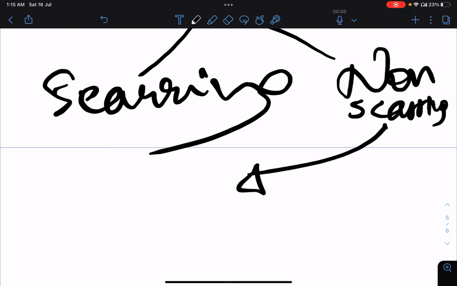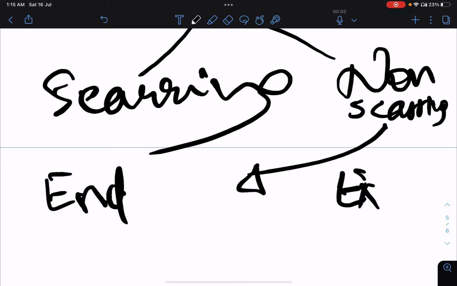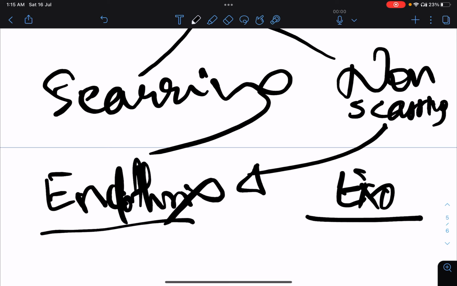So non-scarring can be of two types. One is your endothrix, one is your exothrix. So I'm going to write endo, and here you're going to have exo. So endothrix and exothrix.